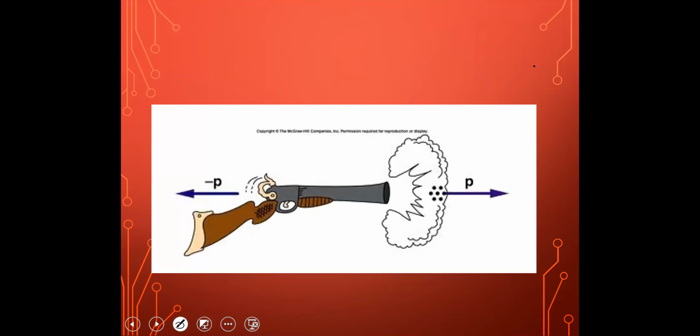Now look at this picture here. Here we have the gun and the shot. Now they collide with each other. The gun goes to the left, and the shot goes to the right, in different directions. Which type is it?